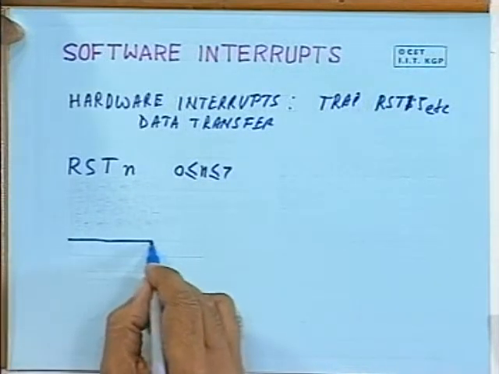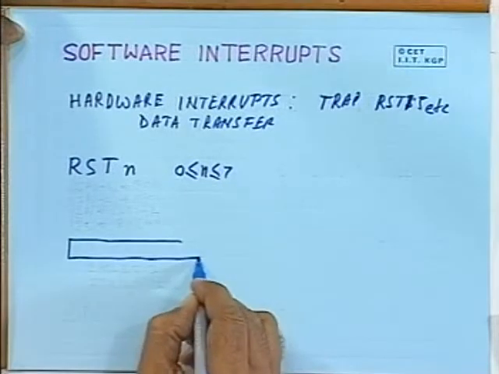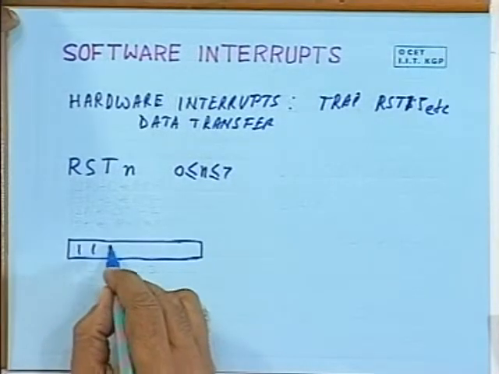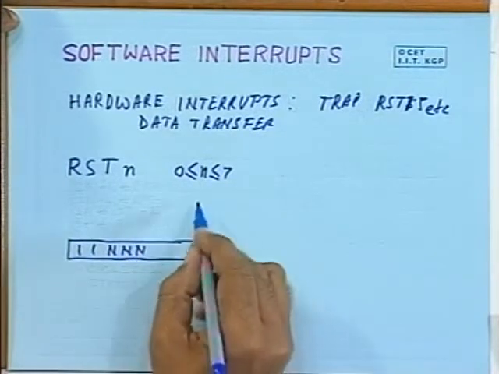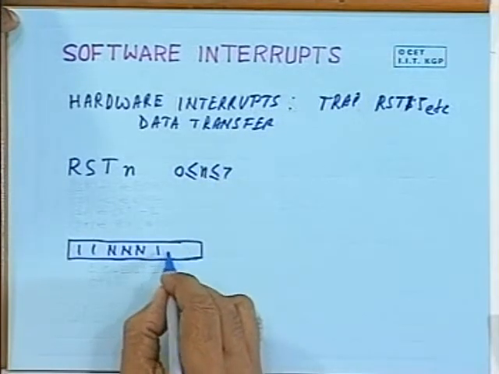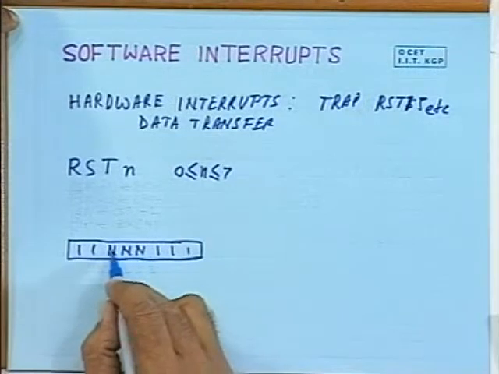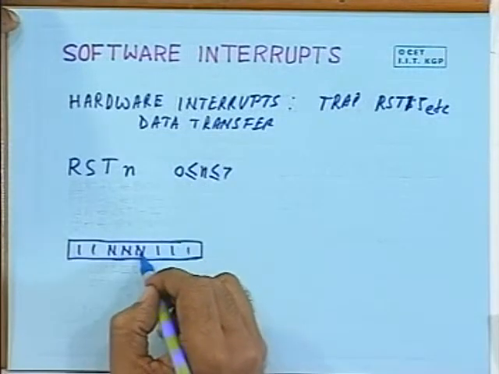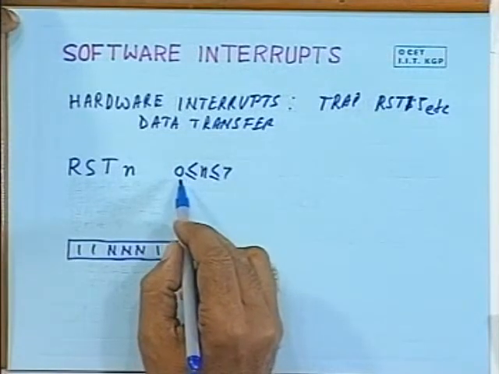So the code will be like this: a single byte instruction 1 1 n n n, where n n n can have three bits, so it can have 8 values, 0 to 7.